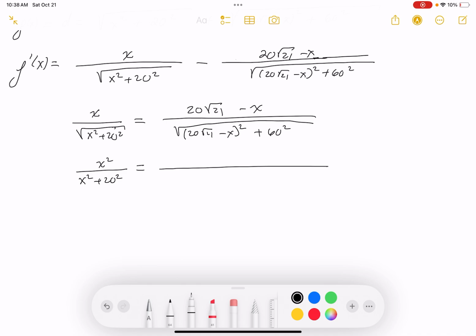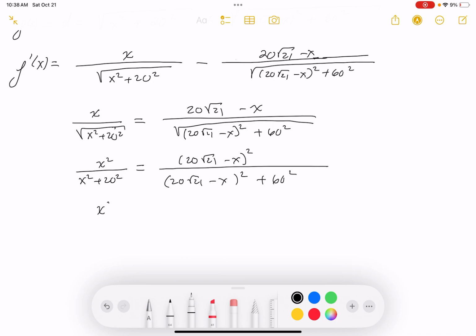Let's see, this is the tough part. You're going to get 20 root 21 minus x squared. On bottom, you just get 20 root 21 minus x squared plus 60 squared. And this is the part where I'm saying, do I really want to do a lot of work over here? I'm looking to make it simpler.